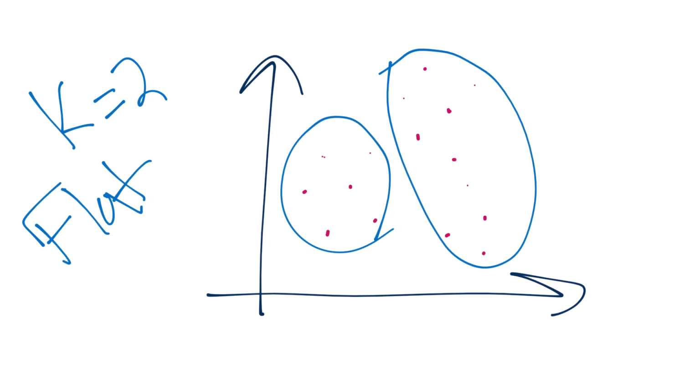Something along those lines. Probably not, actually. This is just a simple toy example, but we'll talk about why this probably will not occur, especially with k-means. But anyways, for the sake of concept, k equals 2, it finds those 2 groups.